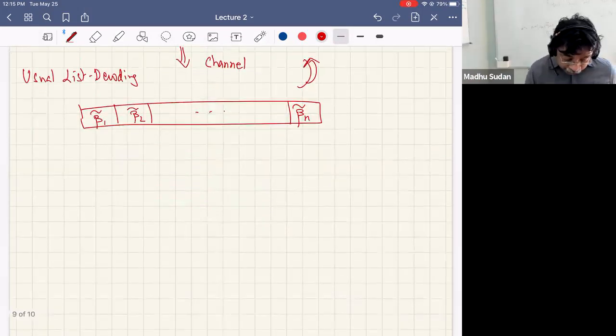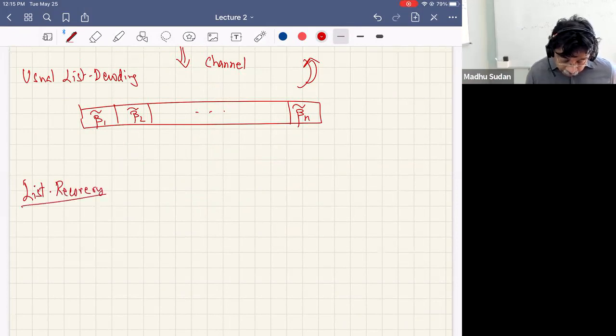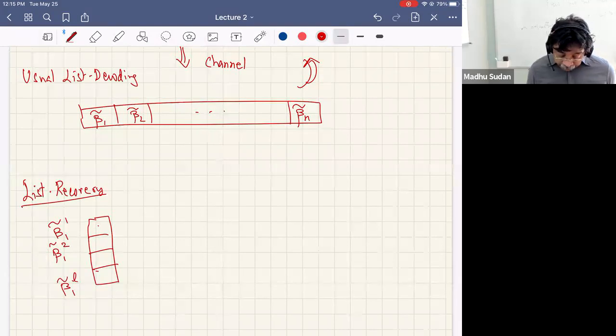So really in list recovery, what we get is a possible set of values. This value could be beta tilde 1,1 or beta tilde 1,2, or beta tilde 1,L, okay, little l.